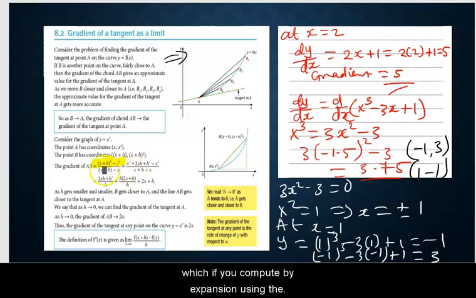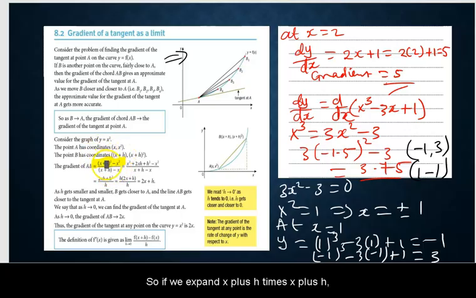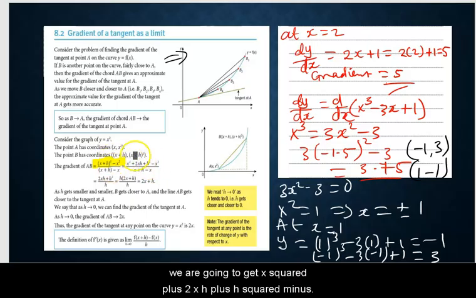If you expand (x plus h) times (x plus h), we get x squared plus 2xh plus h squared, minus x squared, all divided by x plus h minus x.